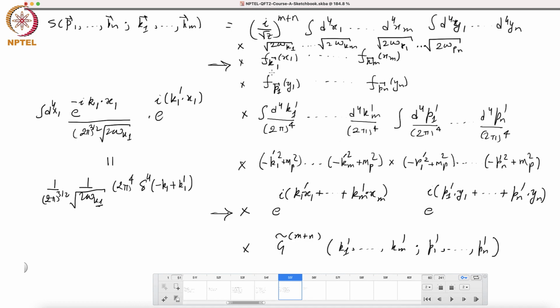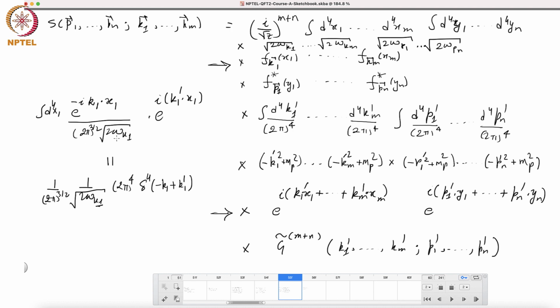So I will put this complex conjugation here. Because of complex conjugation, f_P1 would have, instead of e to the minus i p1 dot y1, e to the i p1 dot y1. That's the difference with respect to the previous case, for the case of x1. This sign, instead of being minus, will be a plus.